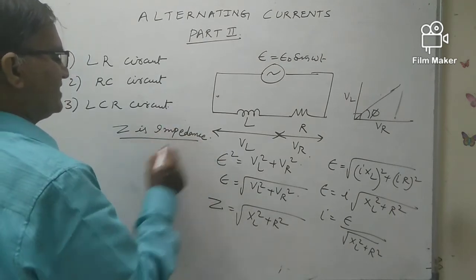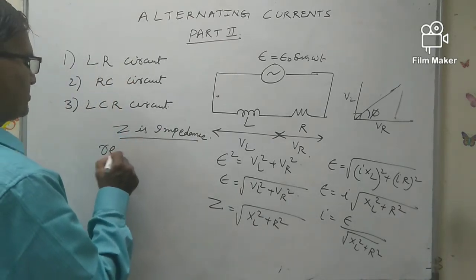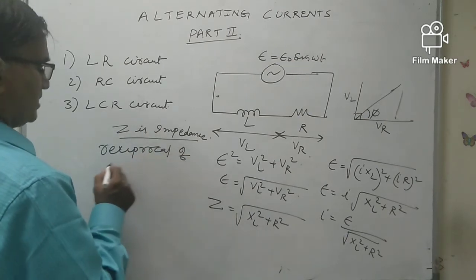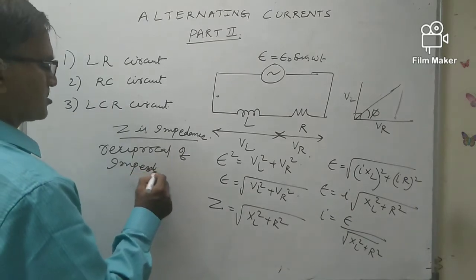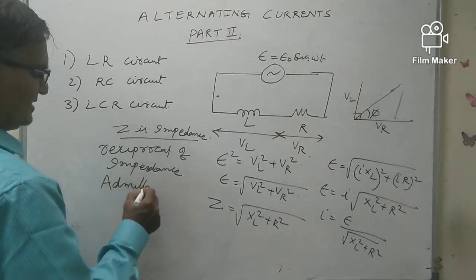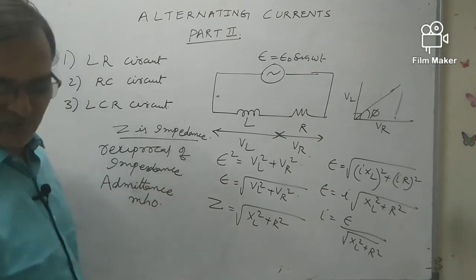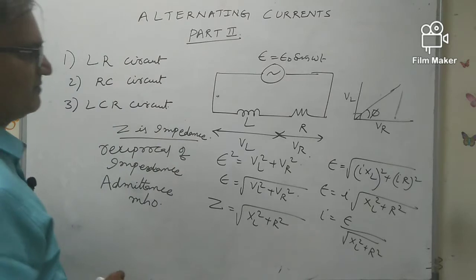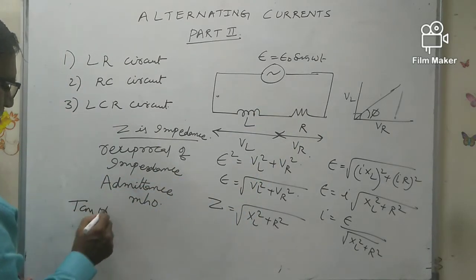So now the reciprocal of impedance is called admittance, and it is measured in mho.